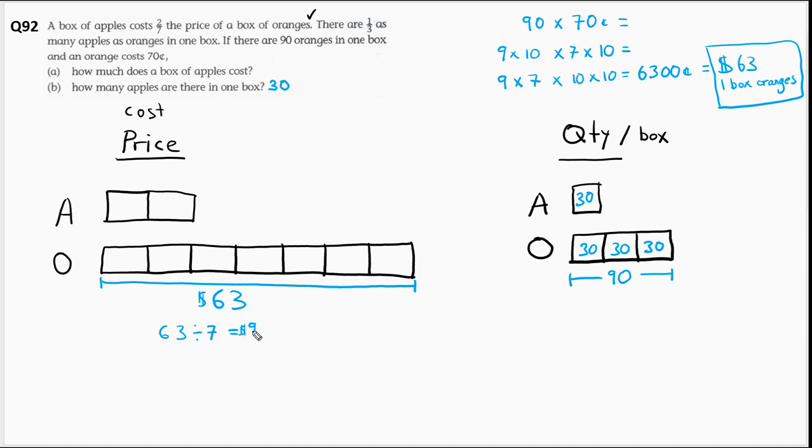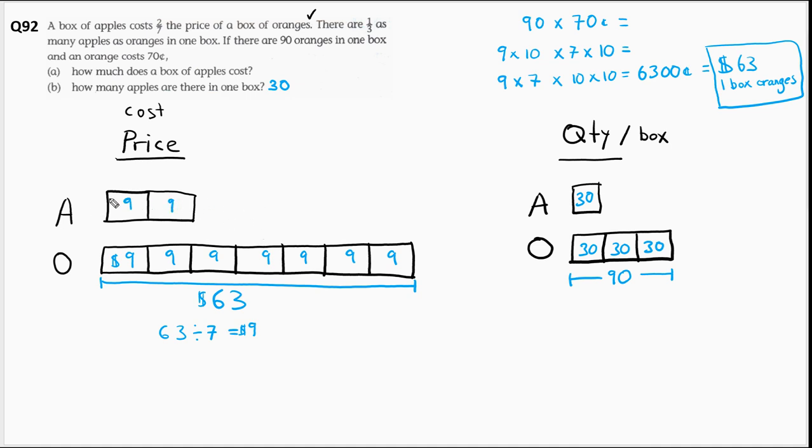This is a price, so each of these represents $9. And the same all the way through here. I'm just not bothering to write in all of the dollar signs, and the same up here.